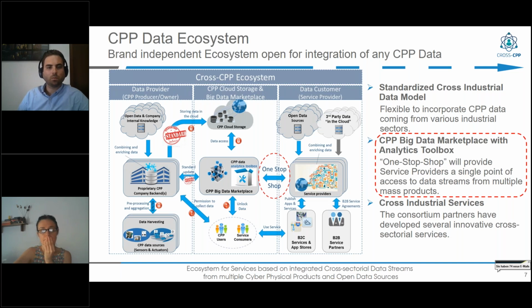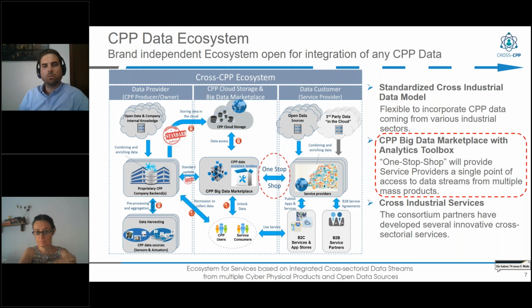Mostly this is already built up by the data providers, so they have some proprietary solution, but what is needed at least is that we transfer their proprietary data format into the standard format, the CIDM format, which we have developed in the scope of Cross-CPP, and then store everything in the middle sector here in a cloud storage.